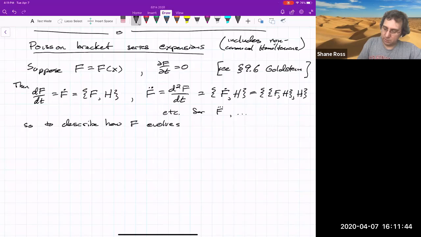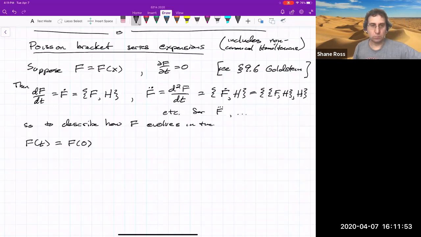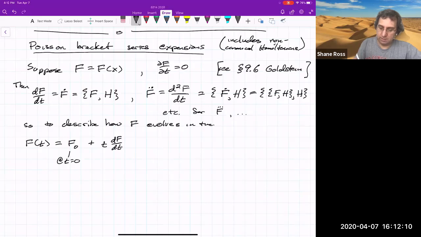So to describe how f evolves in elapsed time, we would have f sub 0, this is at time t equals 0, plus t df dt evaluated at time t equals 0, plus 1 over 2 factorial, and so on. I'm just writing the Taylor series expansion. It's literally just the Taylor series expansion.